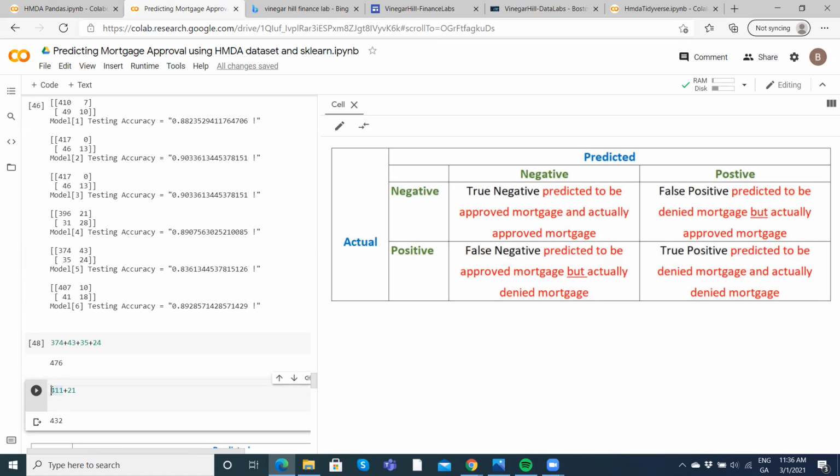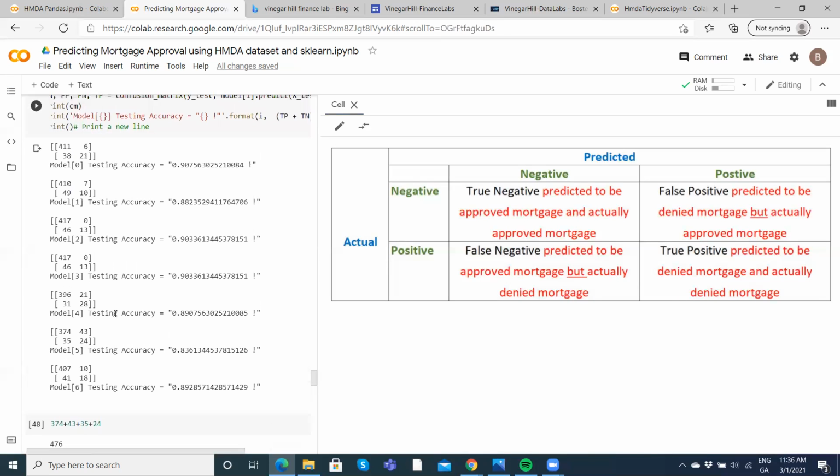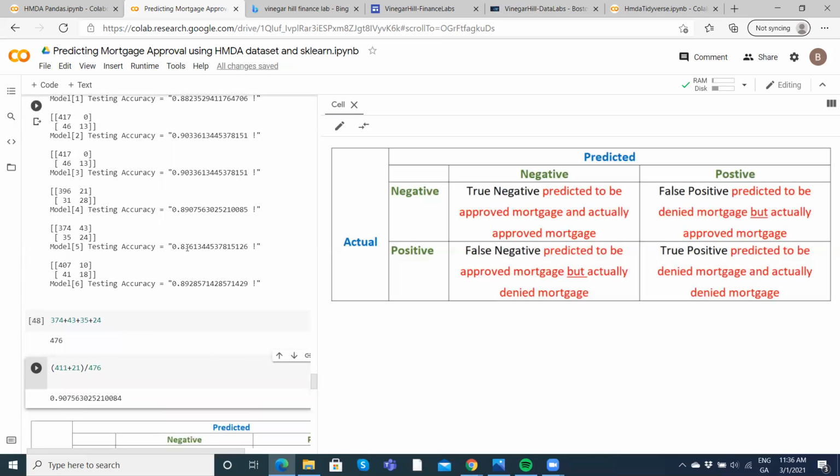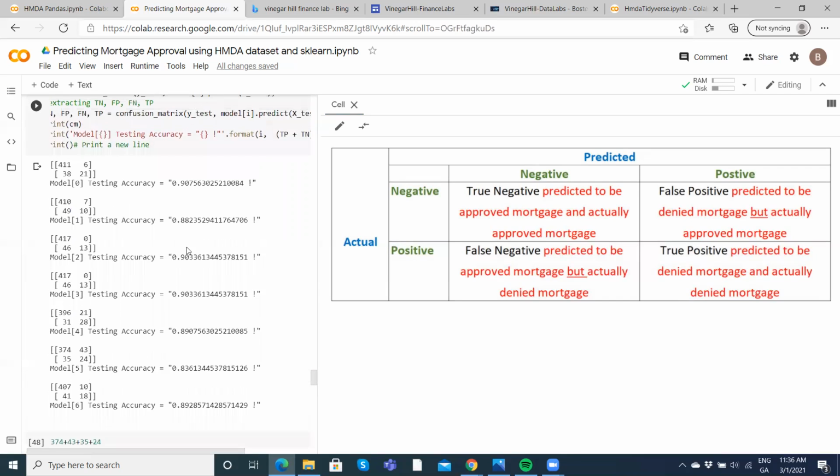And then we divide that 432 by the number of rows in the testing data set, so 476, and we get 0.9075, and that's what we have here. 90.75% is the level of accuracy. So we're taking the diagonals, the true positives and the true negatives, and then dividing by the total number.